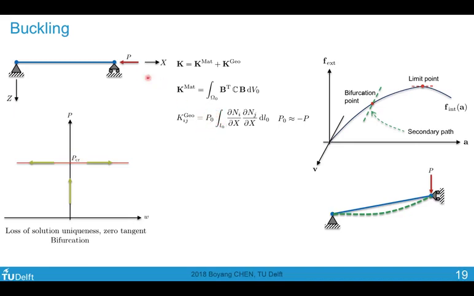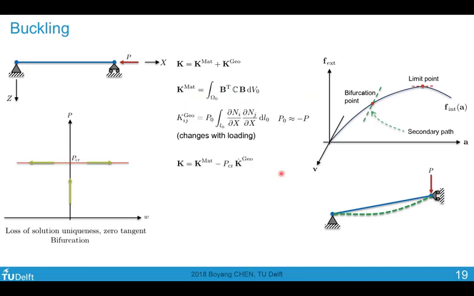In this case, we are applying a compression, so P0 is approximately minus P under the assumption of small strain. This one changes with the loading, while the material tangent, since we consider a small strain, linear problem before buckling, is unchanged until buckling.